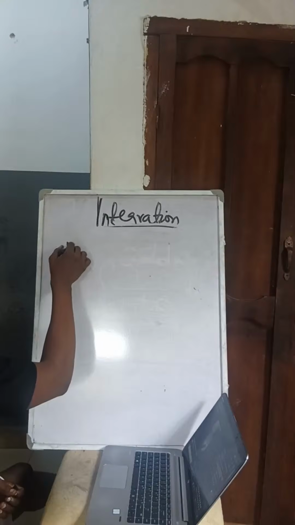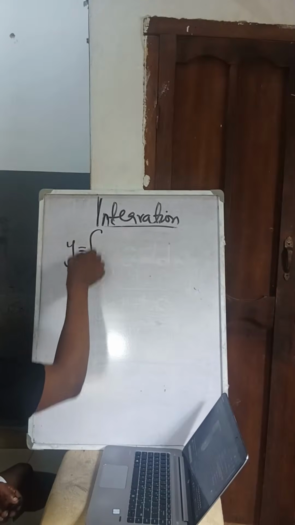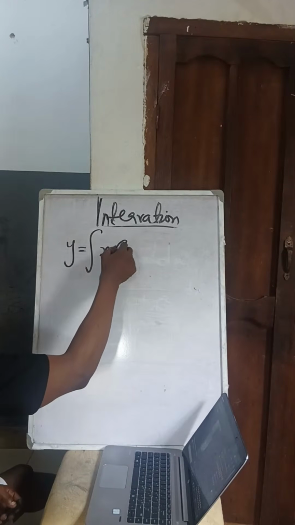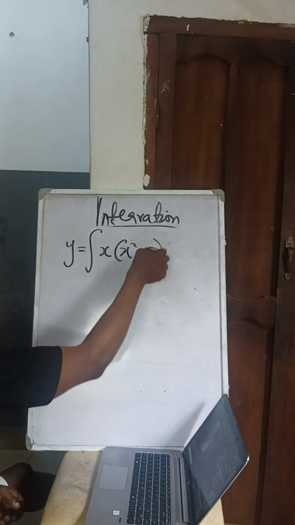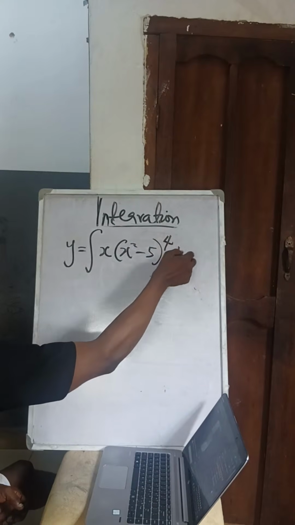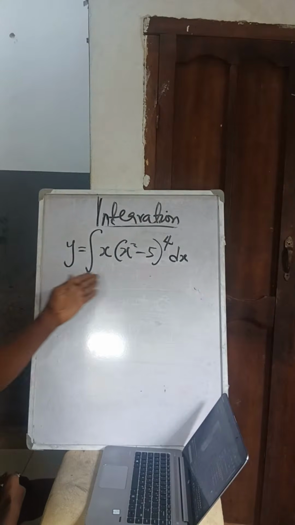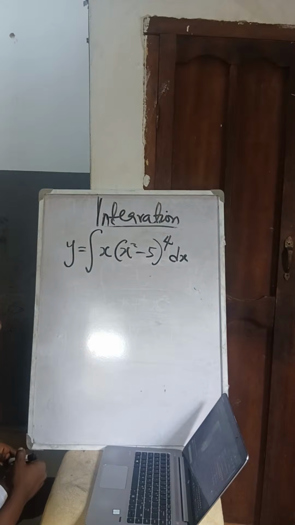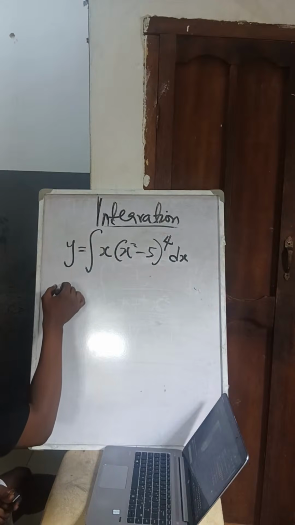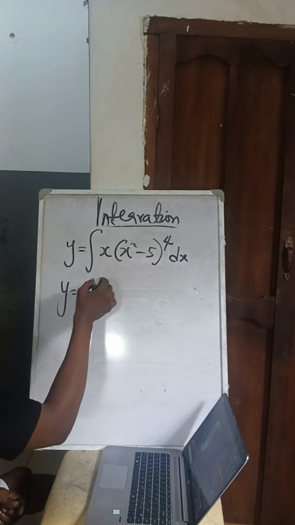We have a situation whereby you have x into x squared minus 5 raised to power 4. This is integration by substitution method. So how do we go about that? If you are asked to find this, what will you do?